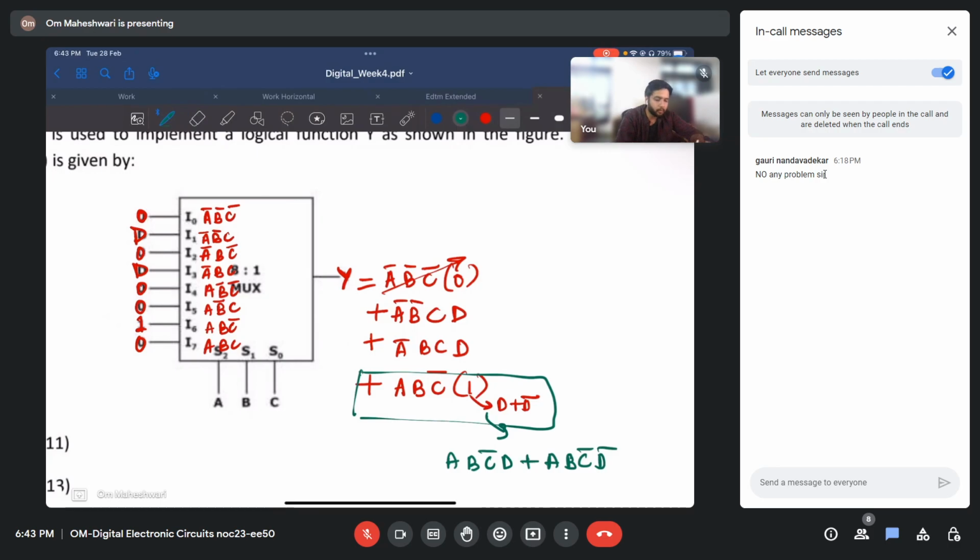Now I'll just write the numbers corresponding to those. This is 0 0 1 1, this is 0 1 1 1, this is 1 1 0 1 and 1 1 0 0. 0 0 1 1 is 3, this is 7, and this is 13 and 12.